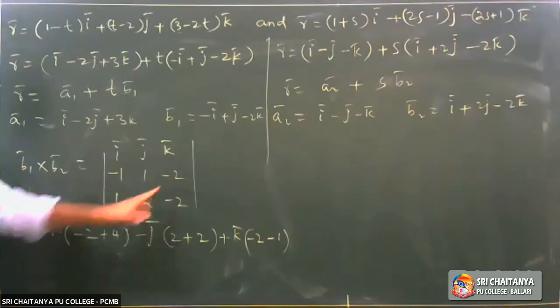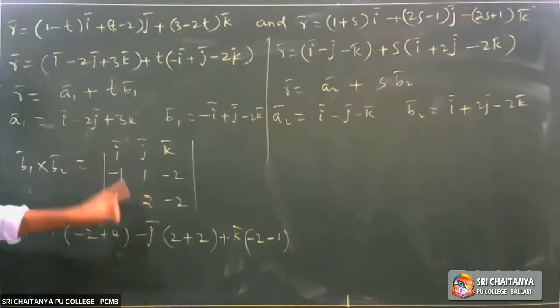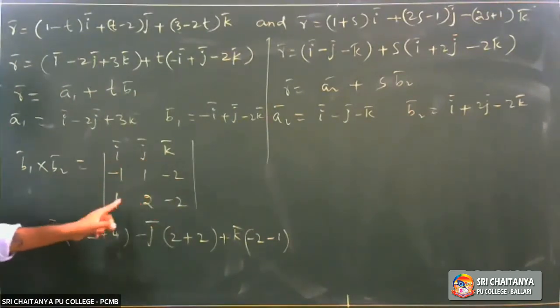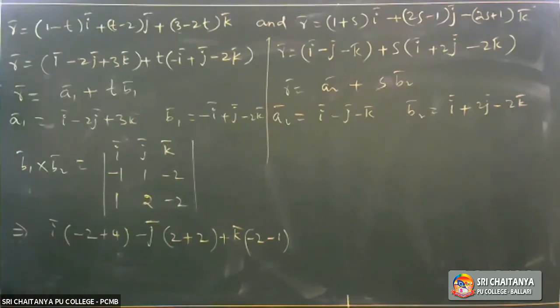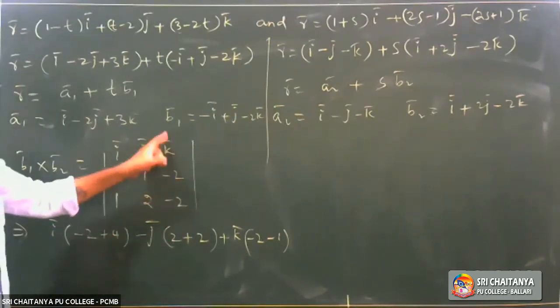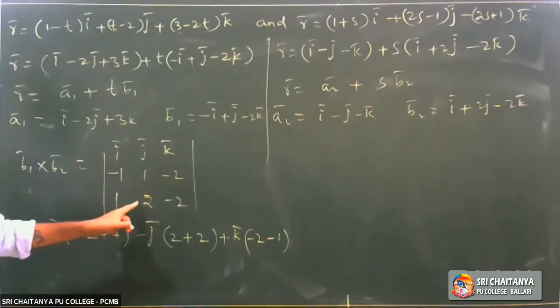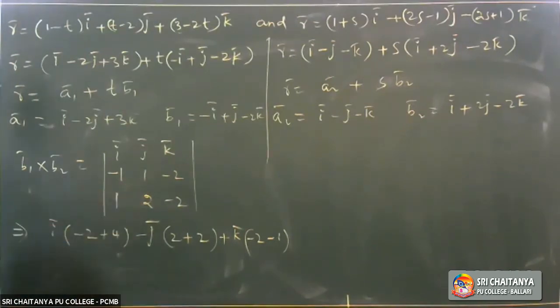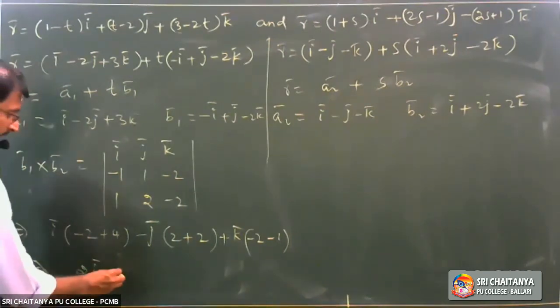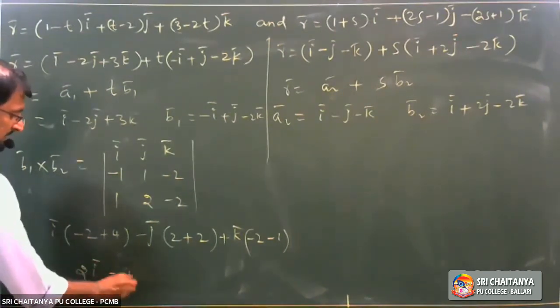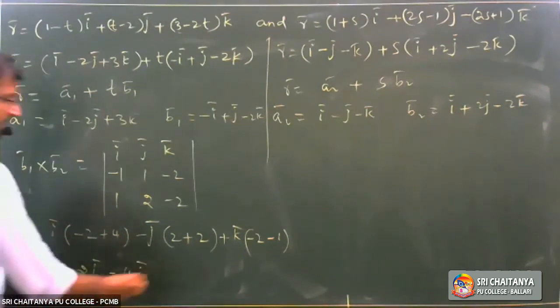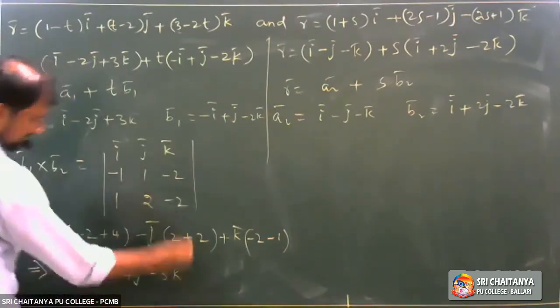The value is 2i bar minus 4j bar minus 3k bar.